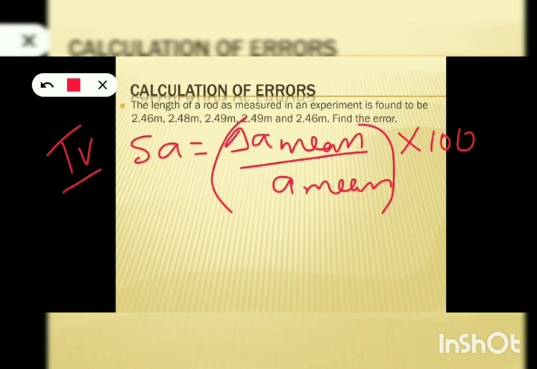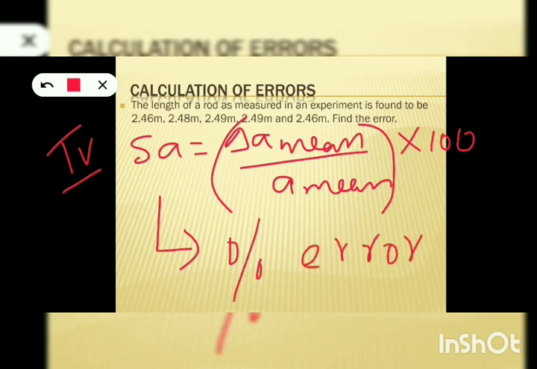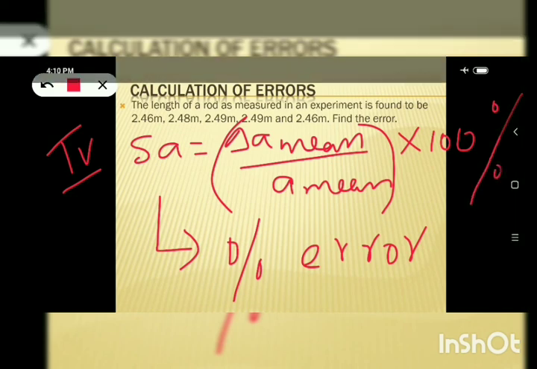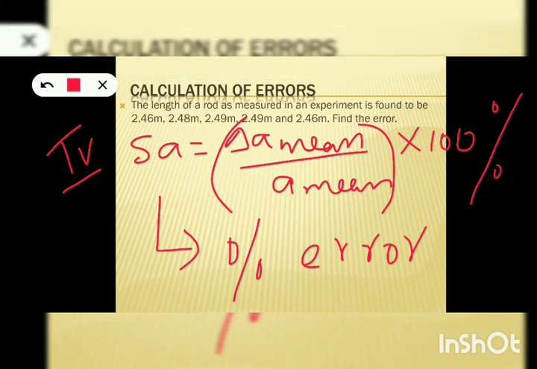Okay, so the relative error expressed in percentage is known as percentage error. So this is the fourth step. And what is the equation to find out percentage error? That is delta A mean by A mean into 100, this much percentage. Okay children, so relative error expressed in percentage is percentage error.